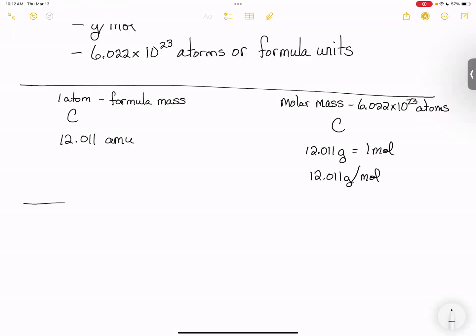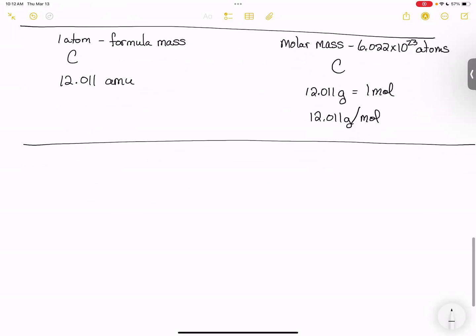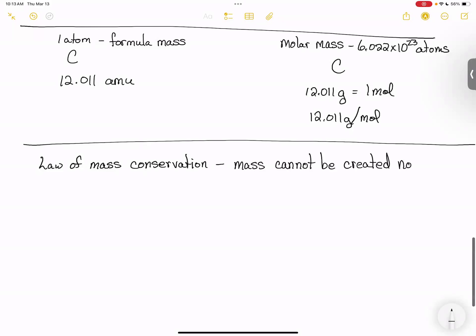Now, there's the law of mass conservation. That says mass cannot be created nor destroyed.